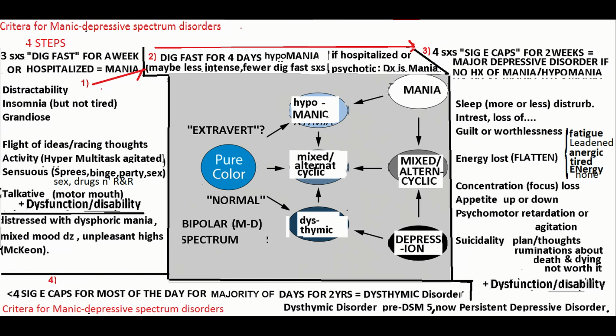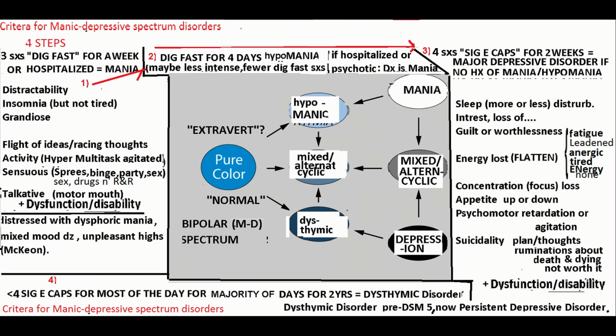Here are some of the criteria for mania, hypomania, depression, and dysthymia, since people are going to want to know what this really is. This is basically a slide showing criteria that are used to diagnose these things. Rather than having just a name for them, you can know what the criteria are.